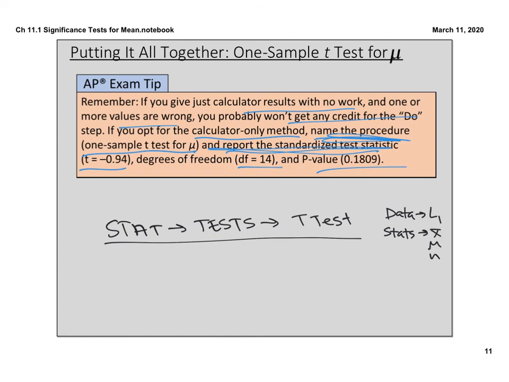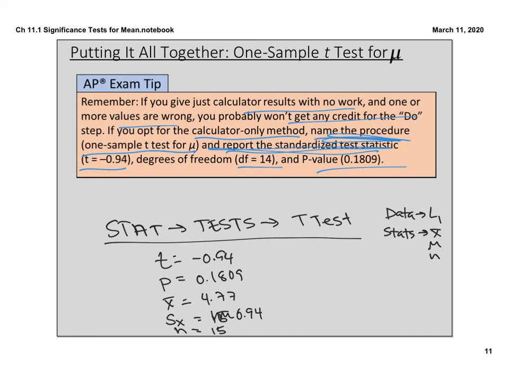And then what it spits out to you is the t-value, negative 0.94. The p-value, 0.1809. They found a t-value that was a little bit different than ours, but that's okay. It was still above. The x-bar, 4.77, was already stated. N equals 15. S of x, 0.94.